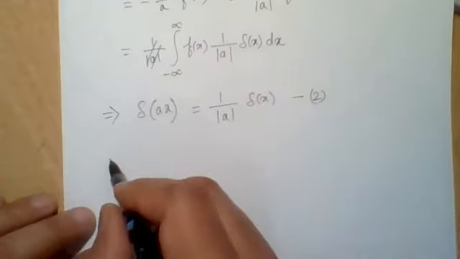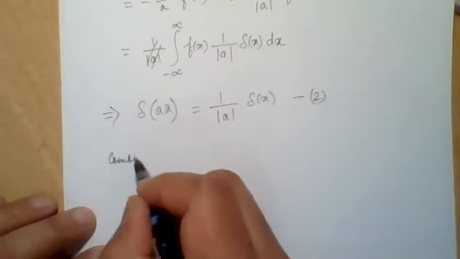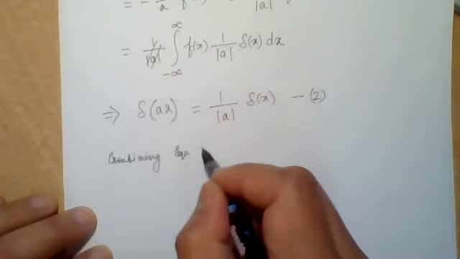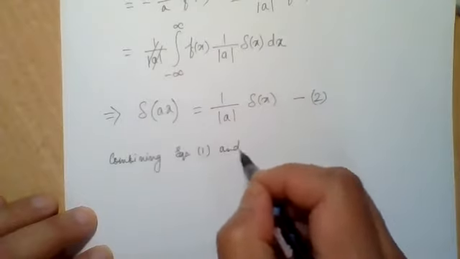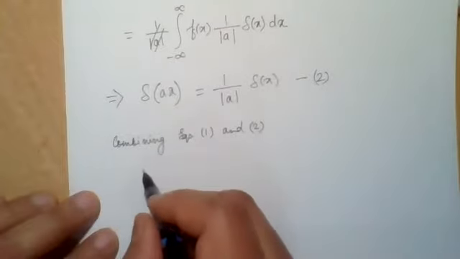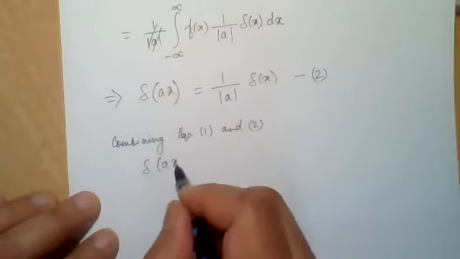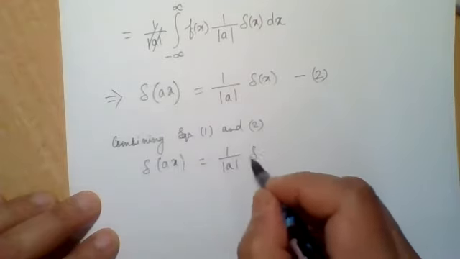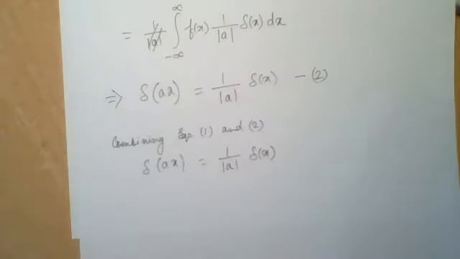So combining equations 1 and 2, what do we get? We get delta ax equal to 1 by modulus of a delta x. This is property number 2 of delta functions.